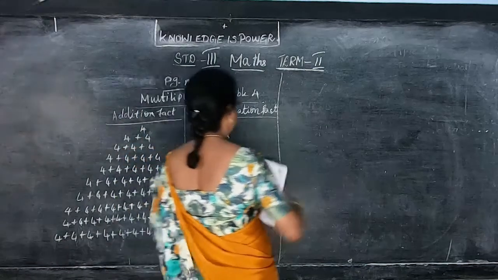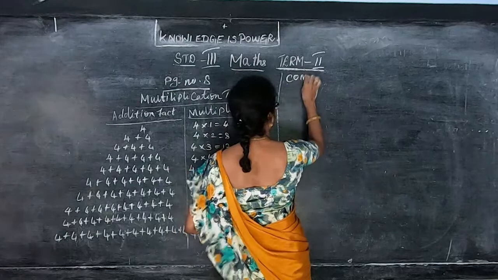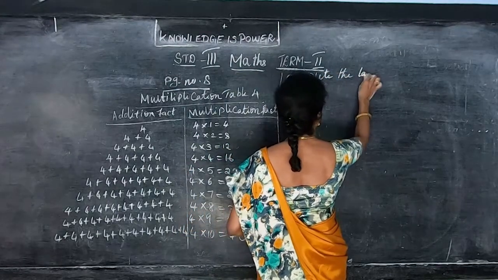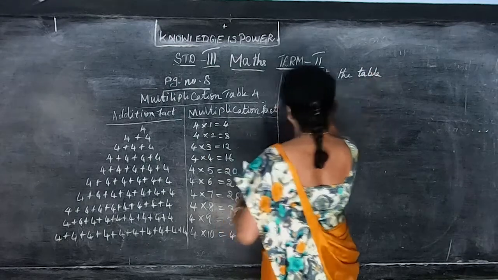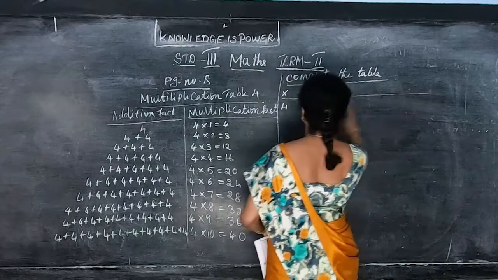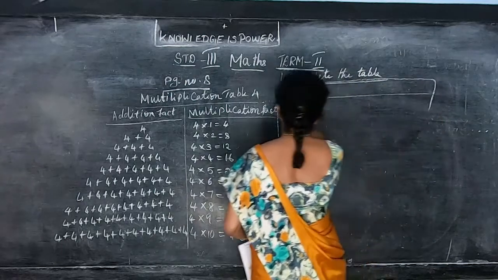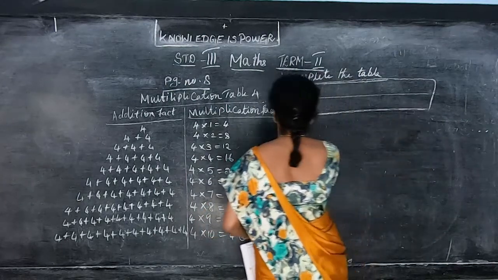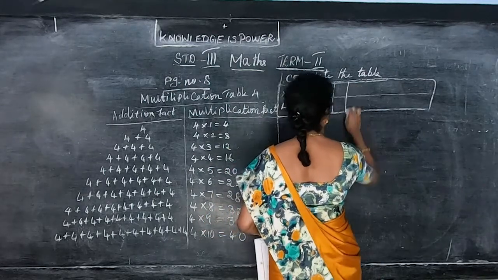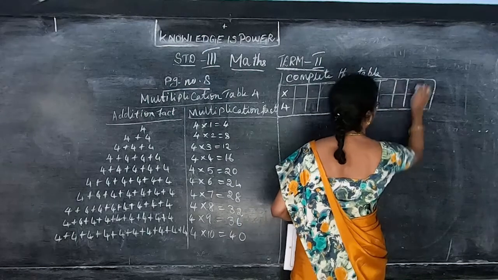Now complete the table. They will ask you to complete the table. That is also in the book itself. What table are you going to complete here? Only the 4 tables. 3, 4, 5, 6, 7, 8, 9, 10.